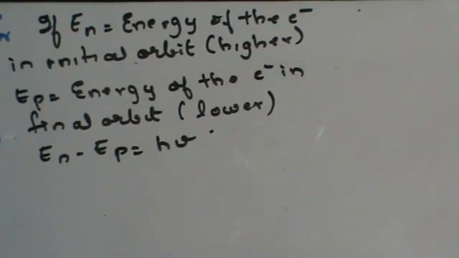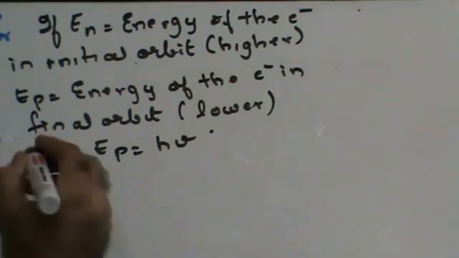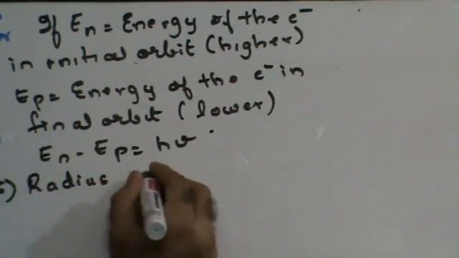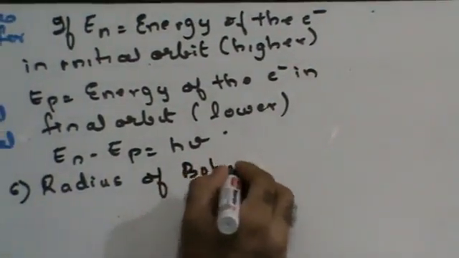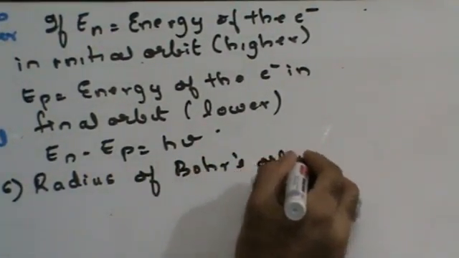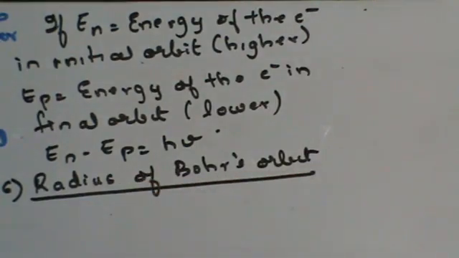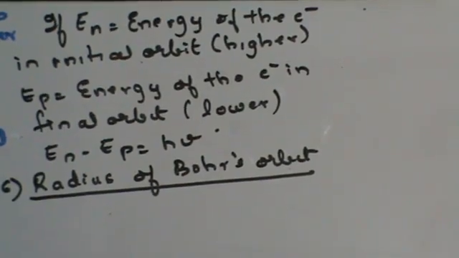Now let us try to find out the radius of Bohr's orbit. I can say that in Bohr's model, the electron can revolve in those orbits where the quantum condition is satisfied.